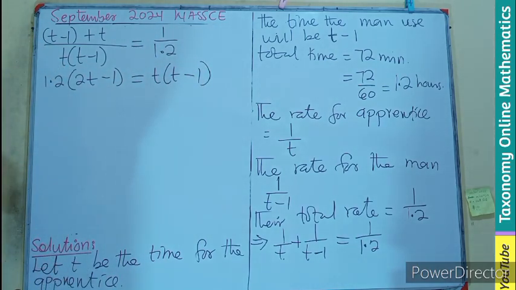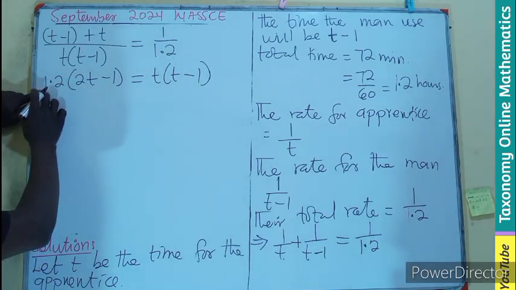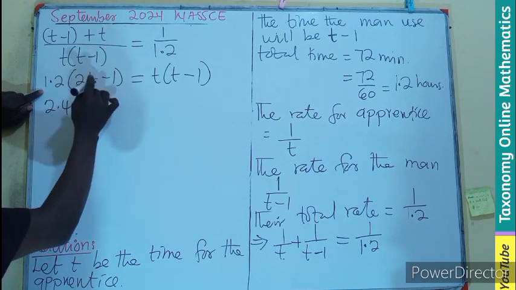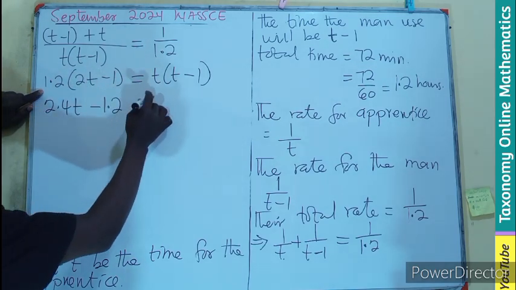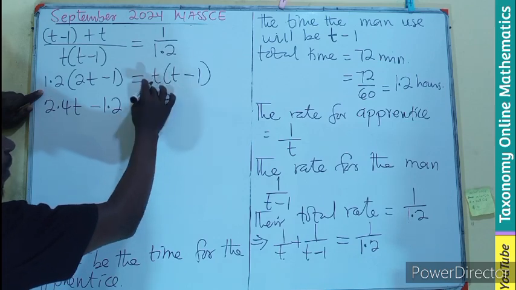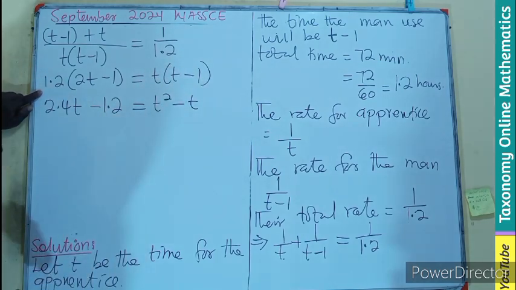Now if you expand here, you'll have 2.4t minus 1.2. And t times t minus 1 should give us t squared minus t.